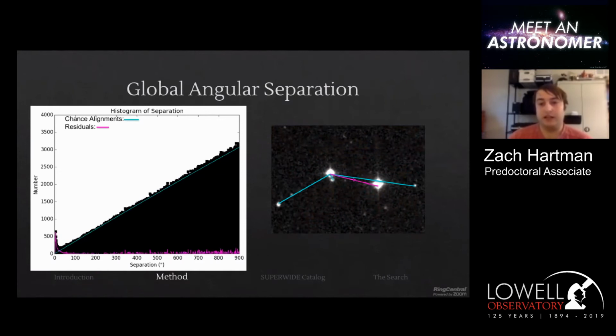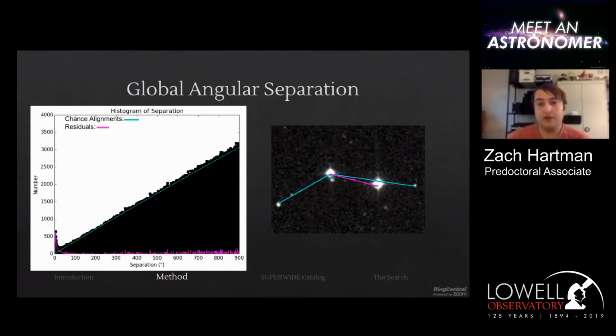The purple magenta line shows the angular separation of the true wide binary system, and the teal lines represent angular separations between different chance alignments, stars that are contaminating our sample. The goal is to recover our real pair and find a way to eliminate the chance alignments.